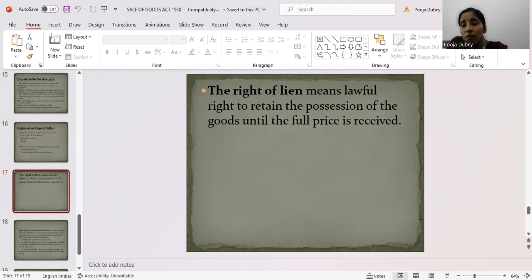One who has not received the full price of the goods which he has transferred or is in process of transferring to the buyer. So a seller becomes an unpaid seller due to certain conditions. So if I'm an unpaid seller, I must have a right to resell the goods. And the circumstances in which I can resell the goods are mentioned over there.